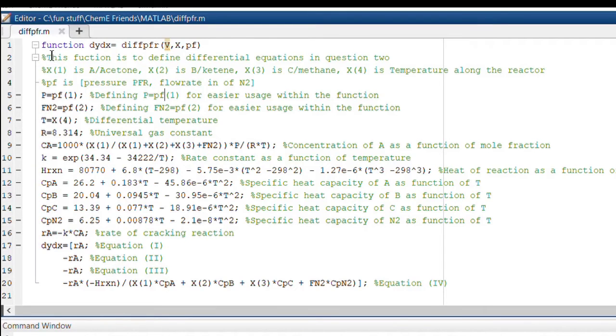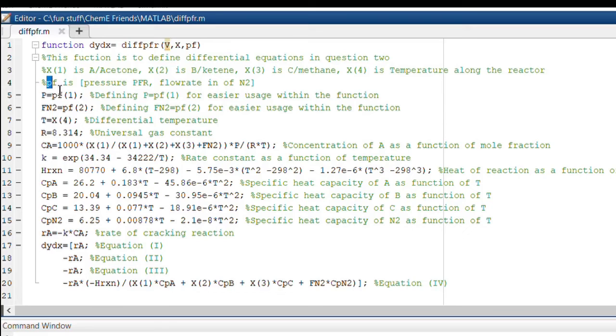So we have come to the MATLAB environment where I have made a function called diffpfr, and the arguments are volume, x, which we will see what it is soon, and pf. So x is a column, rather a row matrix, where x1 represents the flow rate of acetone, x2 represents the flow rate of B, and x3 represents the flow rate of C, and x4 is the temperature along the reactor volume, right?